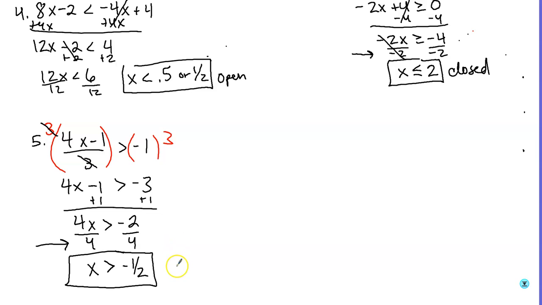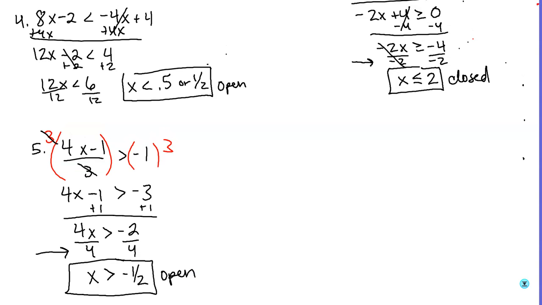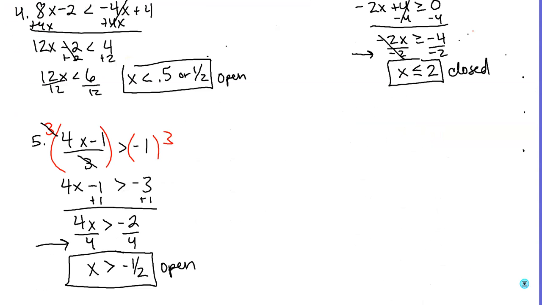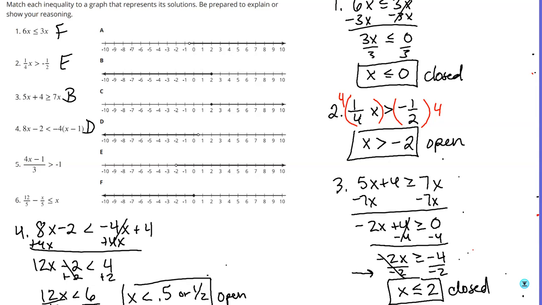Should this be open or closed? Since it's not or equal to, we can't include negative 1/2, so it should be open. Let's go back up and look. Here's our open circle at negative 1/2, and yep, it's everything bigger. So that should be A.